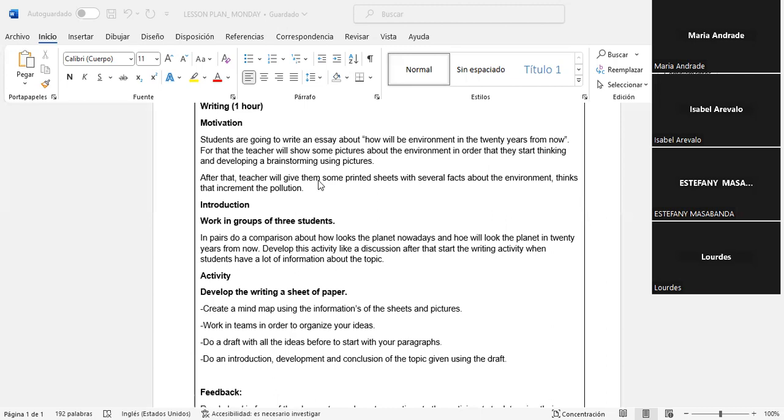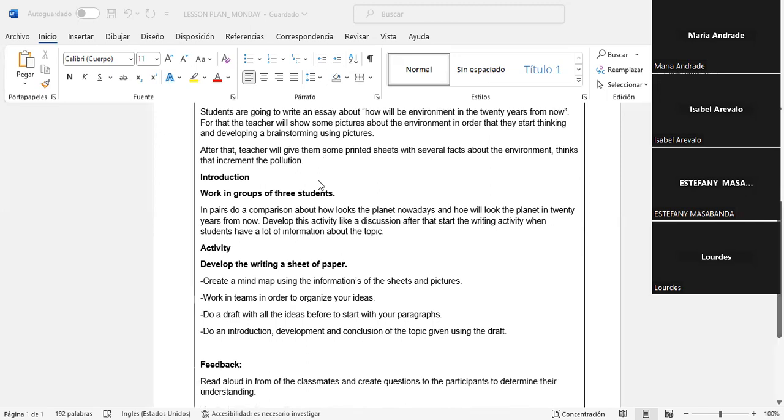And before starting with the paragraphs or the writing, they must create a first draft. It could be in a notebook. After that, they must start with all the parts of the essay, like introduction, development, and conclusion, according to the topic.